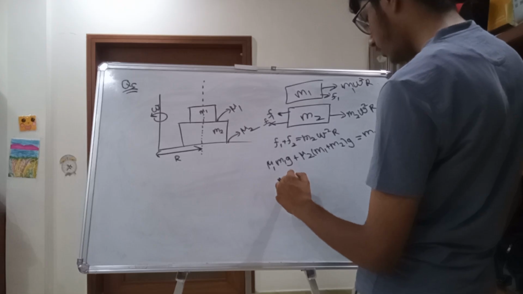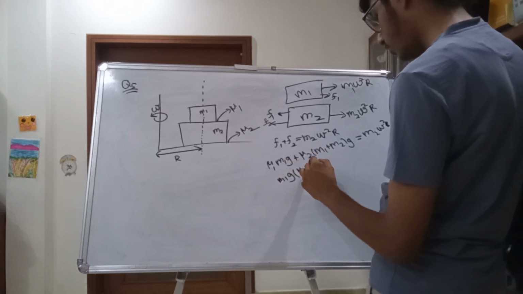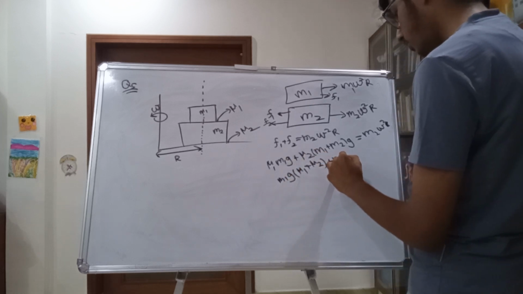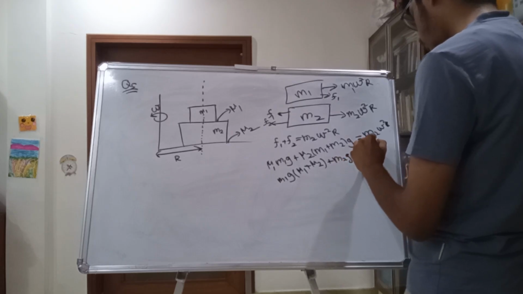If I take M1G common, mu1 plus mu2, I'll get, and I'll get M2G also, equal to M2 omega square R.